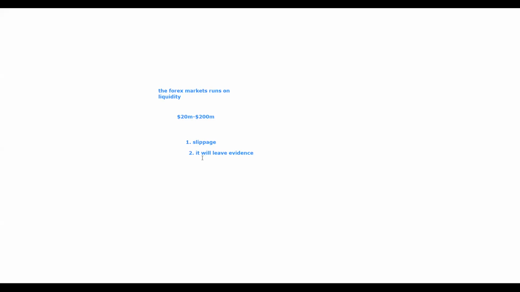So they would create slippage and it would leave evidence. They don't need any of this. So what do they need? They need to find liquidity. What is the purpose of liquidity? They need the liquidity of less informed traders to go into their opposing positions.